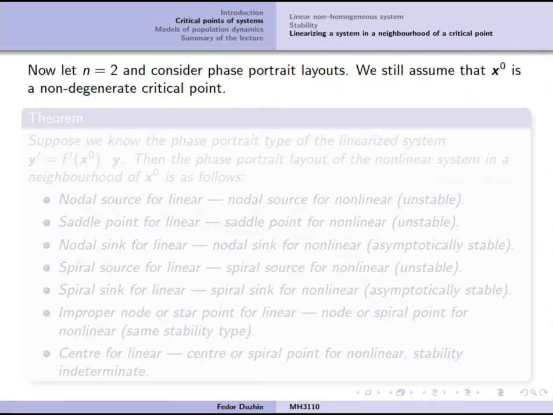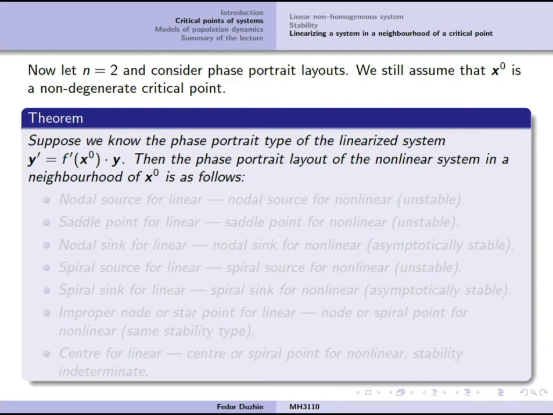Anyway, what it essentially means is, more specifically, if we have a non-degenerate critical point, so now it is important that the critical point is non-degenerate, then we can look at the phase portrait of the linear system and compare it to the phase portrait of the original nonlinear system.